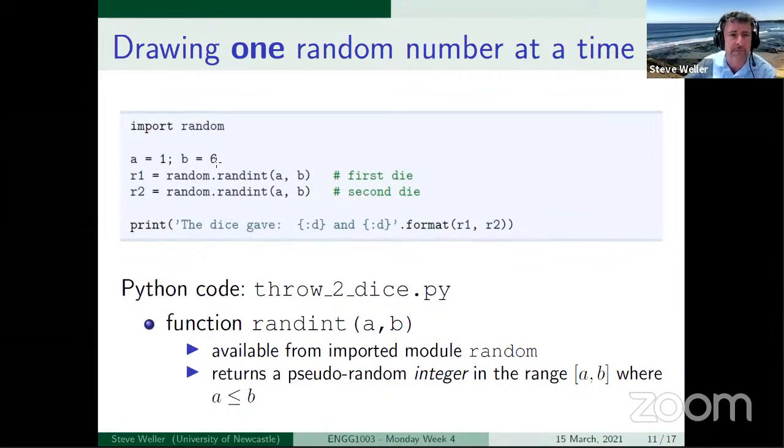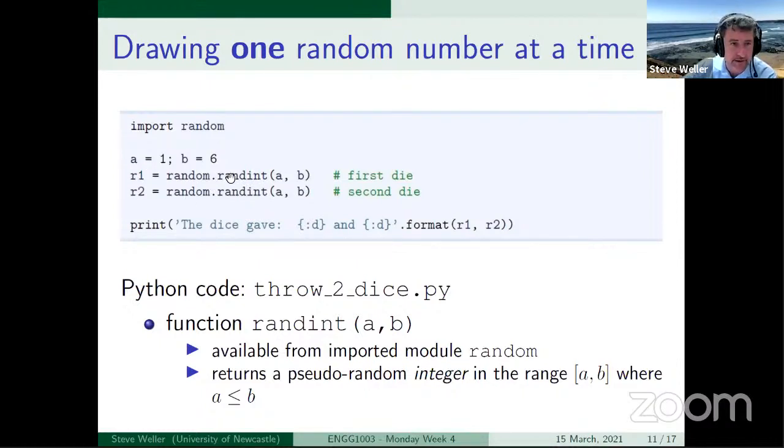And so if you look at the code that you can see on the screen here now, we've got A equals 1, B equals 6. They are respectively the lowest and the highest integers that we want to generate random numbers from. So if we specify 1 and 6 as our minimum and maximum, then we generate random numbers as integers in the range 1, 2, 3, 4, 5, 6. And the function that's used to generate those random integers is called randint.